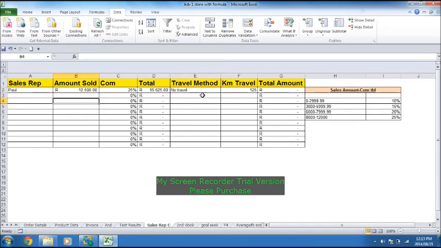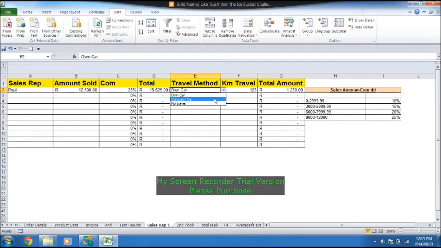And over here I have gone once again and used a list for the travel method. Now the objective of this is that when choosing what kind of travel method I used, the total amount column would either multiply the kilometers traveled by 10 or multiply it by 5. For example, if my kilometers traveled is 125, when putting in own car, it would multiply by 10, giving me a total amount of 1,250.